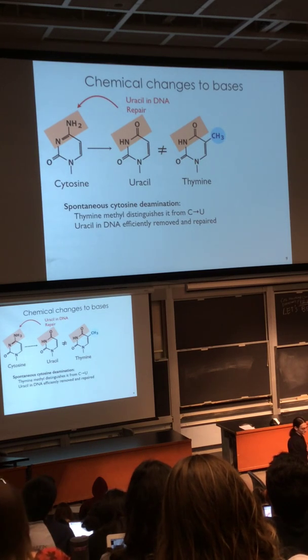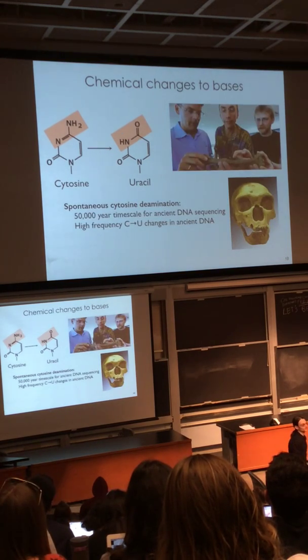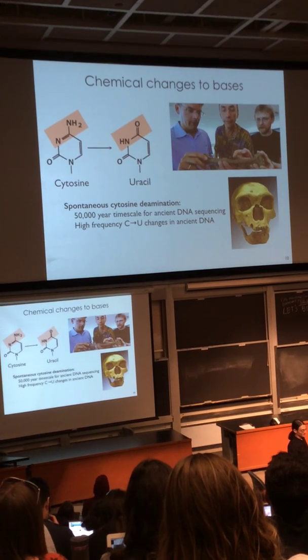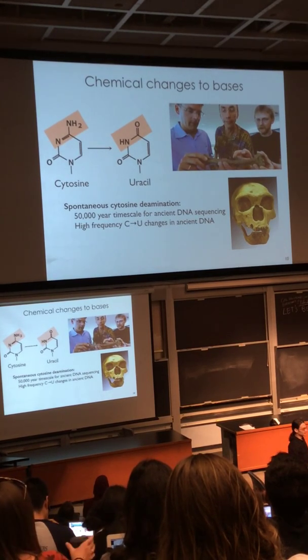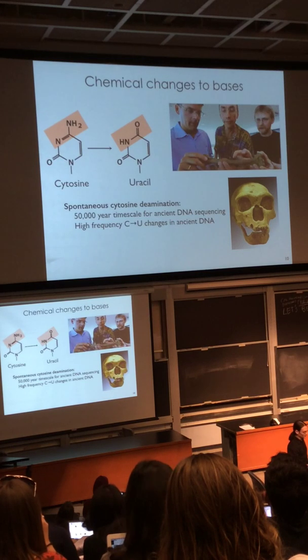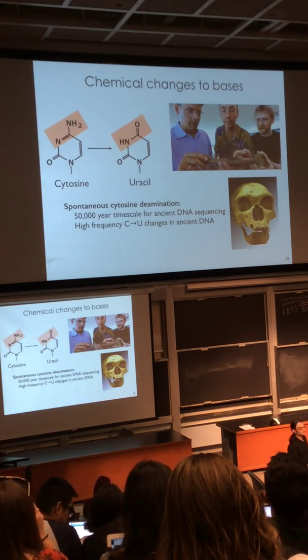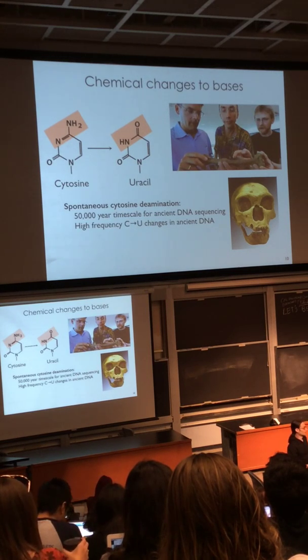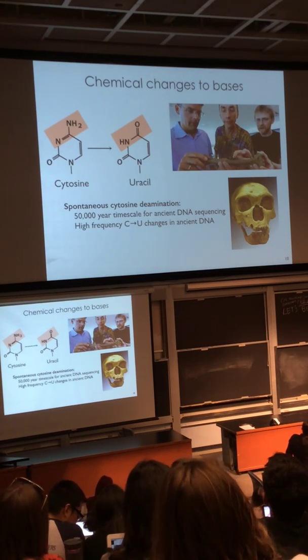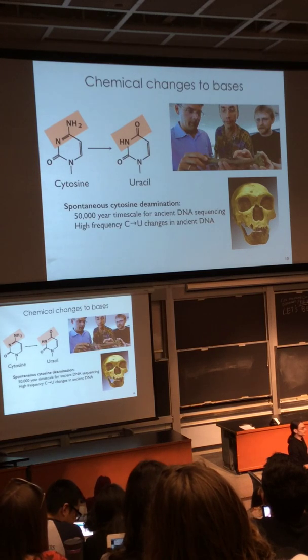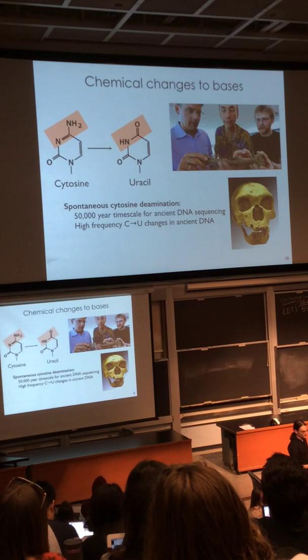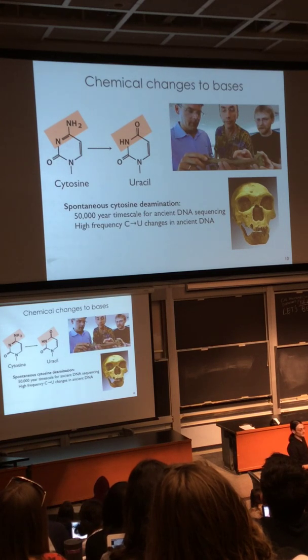However, in ancient DNA, so this is DNA from an organism that has died many tens of thousands of years ago, of course, this repair process no longer happens. When people first started sequencing DNA out of ancient bone samples, and here I'm showing a picture of the people who sequenced the Neanderthal genome out of Neanderthal bone samples, but people saw the same thing in ancient DNA from mammoths and so forth, there is a very substantial rate of this cytosine deamination.